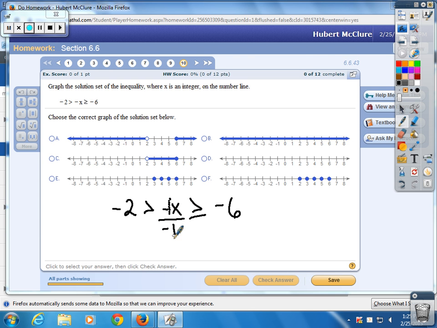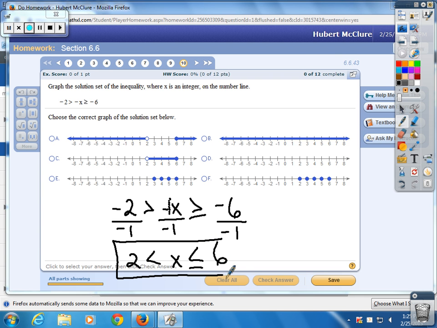Divide by -1, divide by -1, divide by -1. As soon as you divide by -1, on the next line you flip the inequalities. So that would be 2 less than x less than or equal to 6, and that is your solution set.